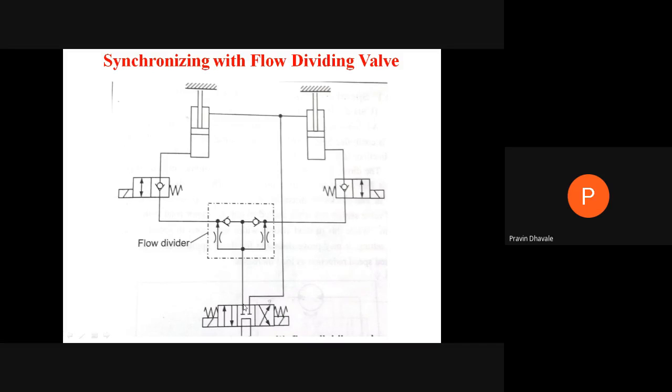Whatever the fluid coming from the pump from port A, it will be passing through this flow control valve, then through this check valve to the piston head end of the cylinder. Right? So both the pistons are moving in an upward direction.